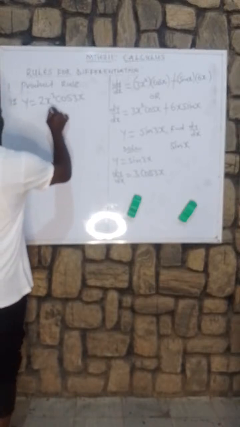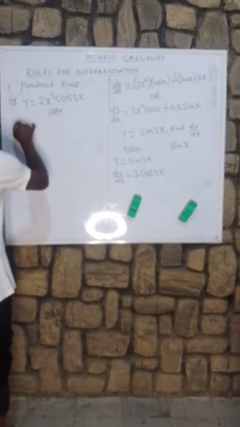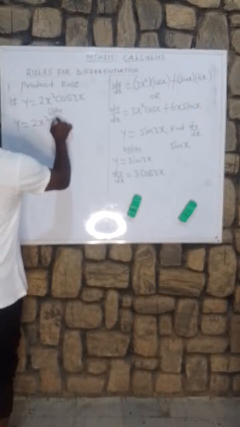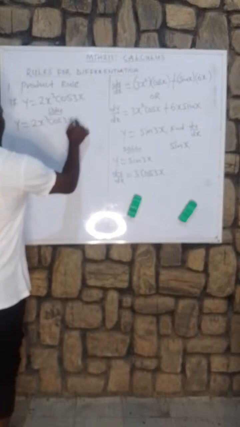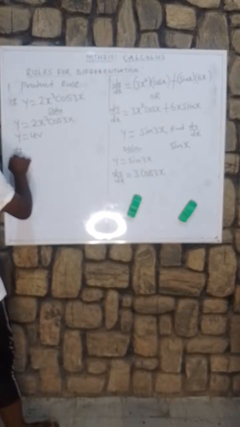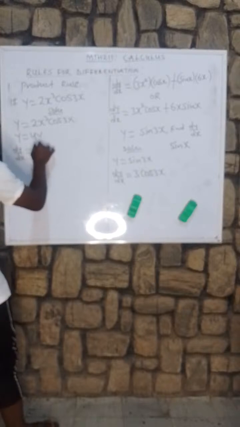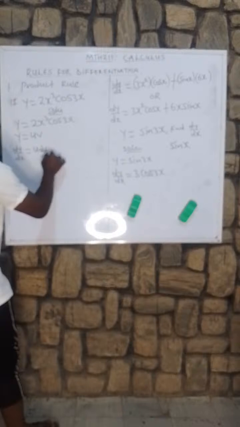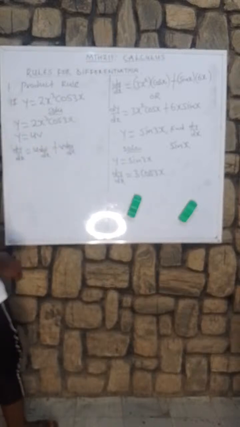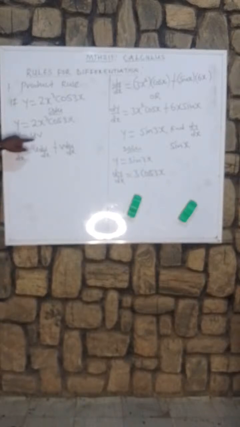We write the solution: y equals 2x cubed cos 3x. The formula is for y = uv: dy over dx equals u dv over dx plus v du over dx. True or false?